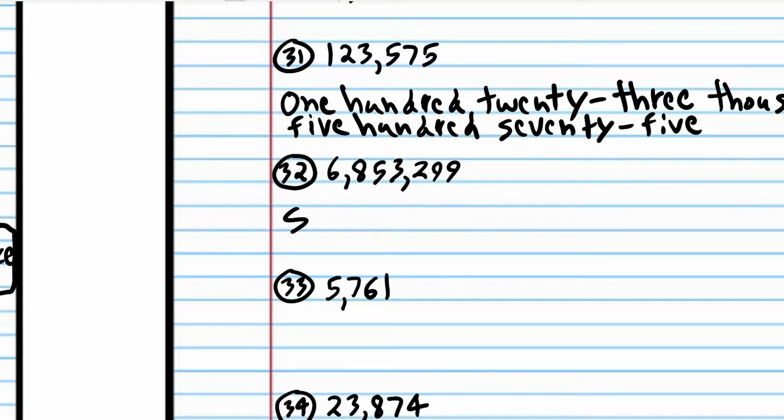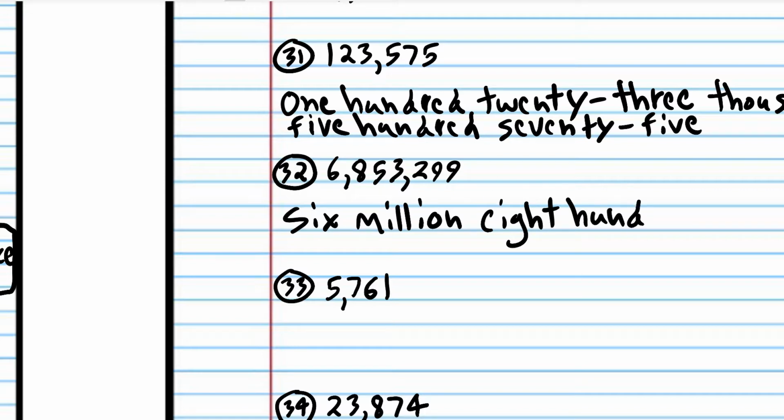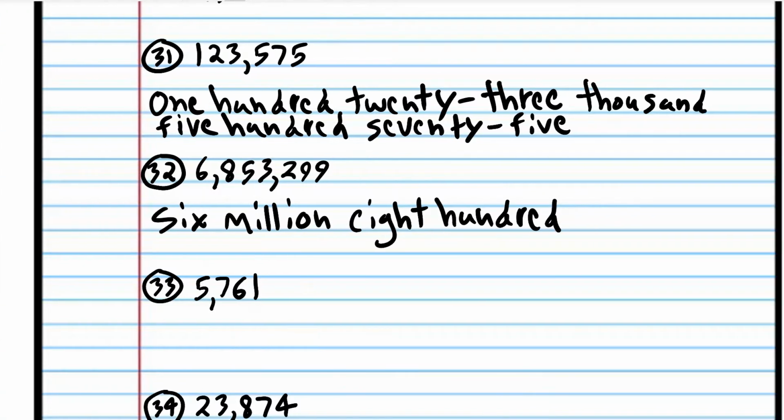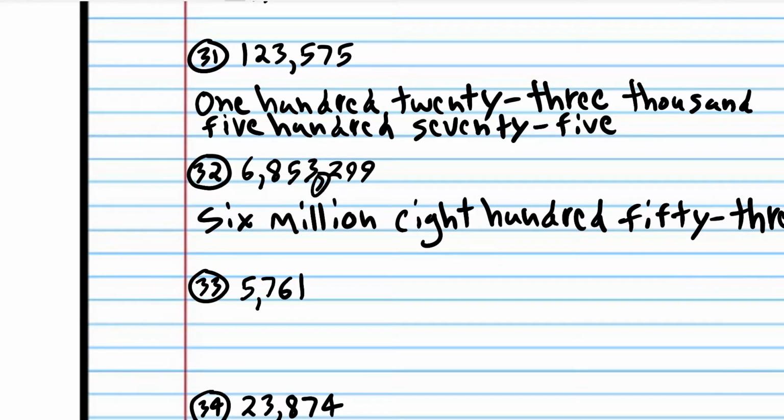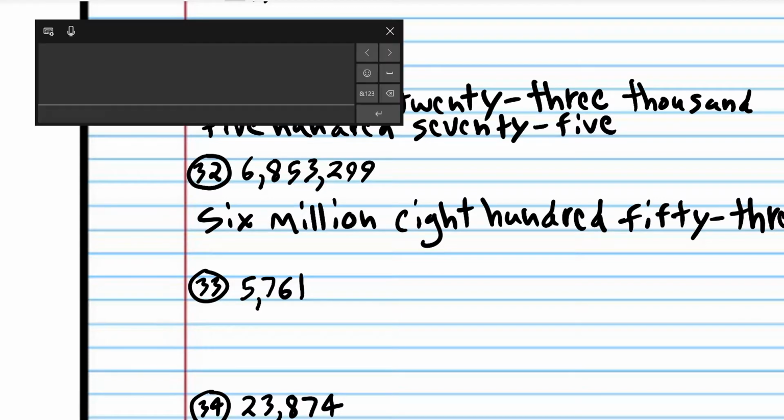So we say 6 million, 853, and then we have a comma, so we say the name of the period preceding it.